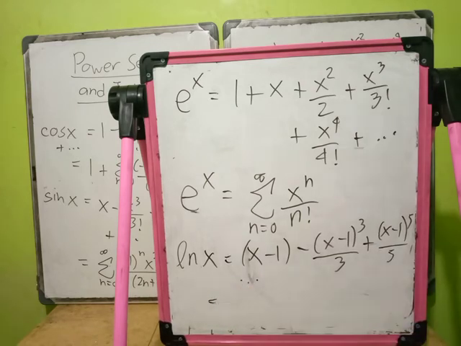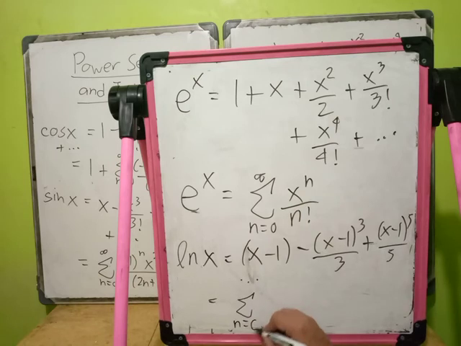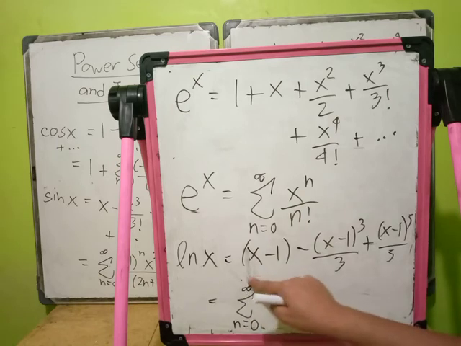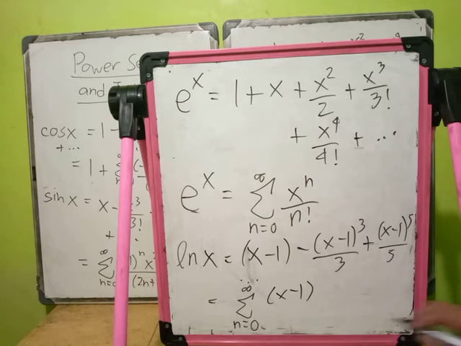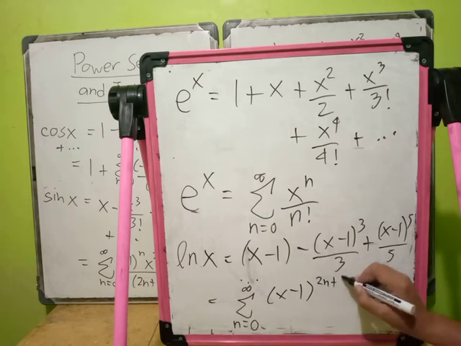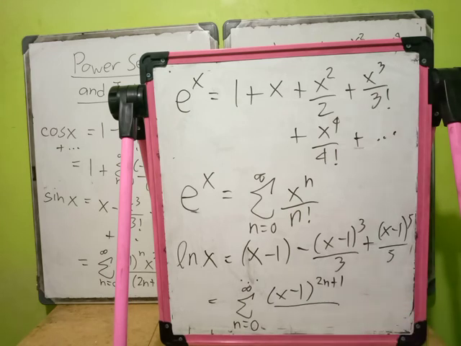So it is equivalent to the infinite series, n from 0 to infinity, of (x minus 1) to the power of 2n plus 1 over 2n plus 1.